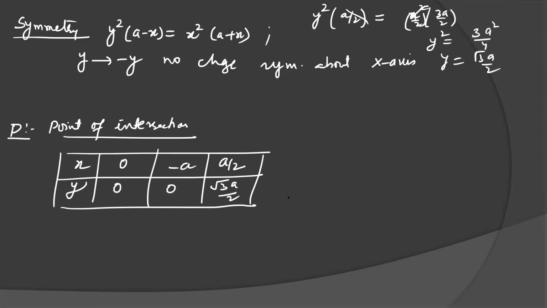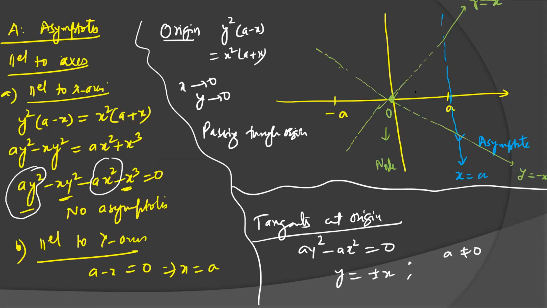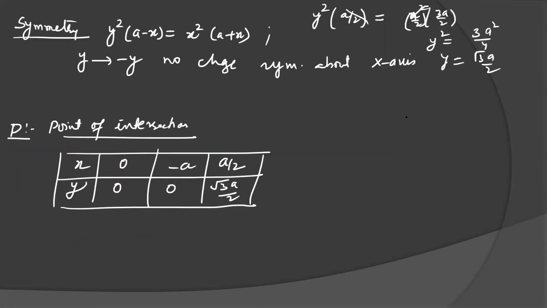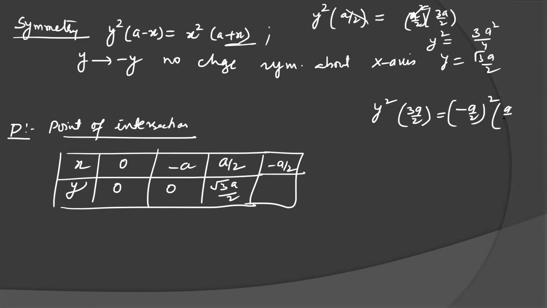Now see these points. Take one more point, minus a by 2, in the left side. If you put minus a by 2 here, you will get y square times 3a by 2 equal to minus a by 2 whole square times a by 2. So you will get y equal to a by 2 root 3, plus minus.